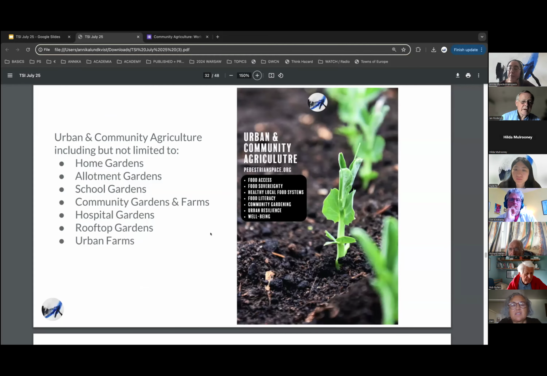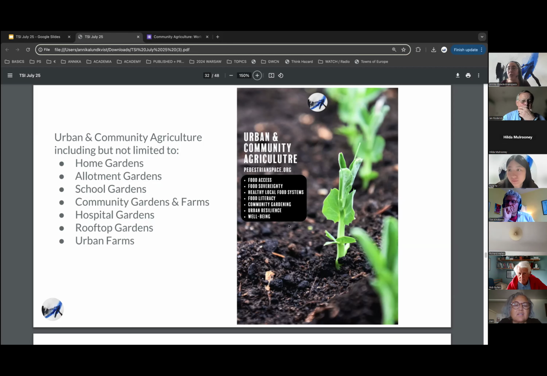So moving out of the micro scale of my little test bed on my balcony to now the more macro scale and my vision for entering this work and bringing it into the wheelhouse at Pedestrian Space. What we're looking at at Pedestrian Space is urban and community agriculture, including but not limited to everything mentioned here: home gardens, allotment gardens, school gardens, community gardens, hospital rooftop gardens, and urban farms.